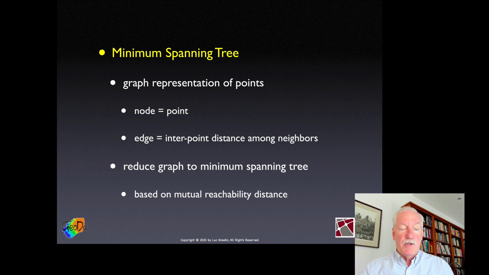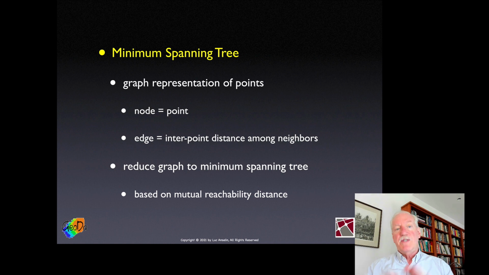And now what we're doing with this representation of our points, we replace the actual distance by this mutual reachability distance. So we keep the points as they are, but we move them out as needed and represent the length of the edge that connects them. That corresponds to the mutual reachability distance.